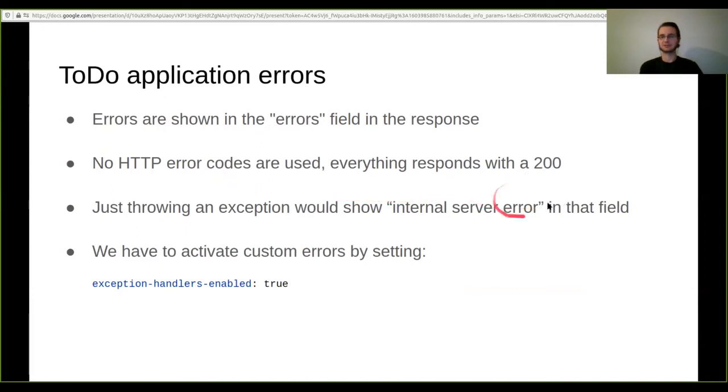So every response will be a 200 if your application is running. And if you would throw the exception without any addition, you would get an internal server error response. And to have custom errors, you set this property in your application YAML, and then the messages of the exceptions are shown. In addition, you can define Spring error handlers to modify this behavior even more.